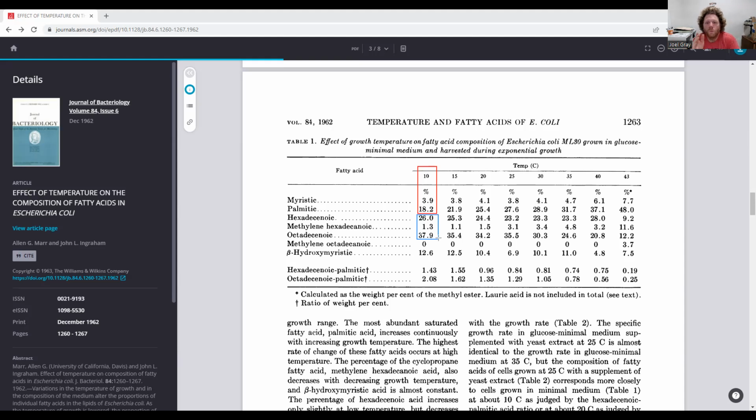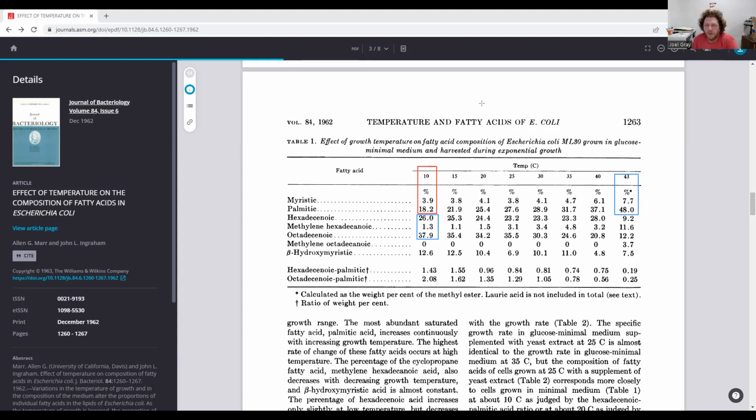And so what these researchers discovered was that when they went up to 43 degrees Celsius, the saturated fatty acids, the myristic acid and palmitic acid, accounted for 55% of the total fatty acids, compared to 22% at that very low temperature.